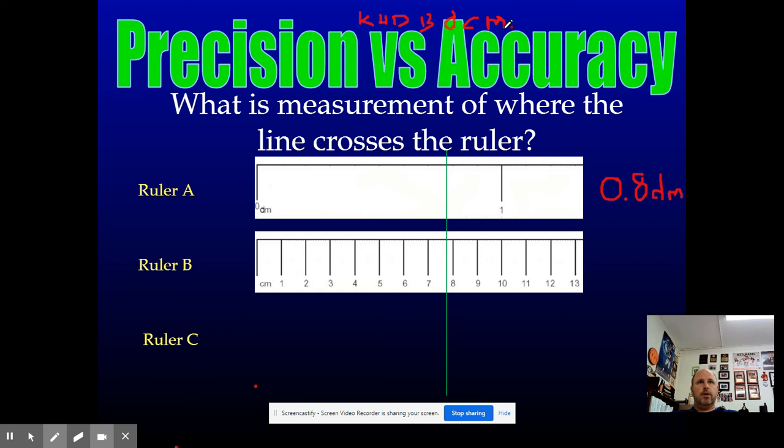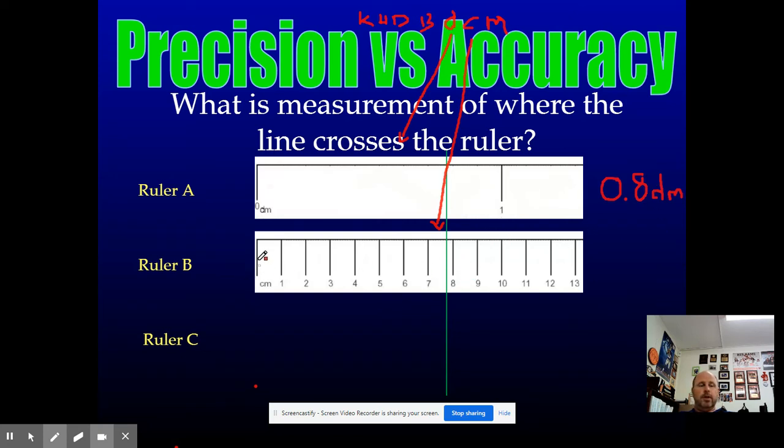The first ruler is decimeters, the second ruler is measuring in centimeters. I'm going to keep my units in decimeters so I can compare to this number. I can't record it in centimeters; I've got to record it in decimeters so that I can see that the precision is changing.